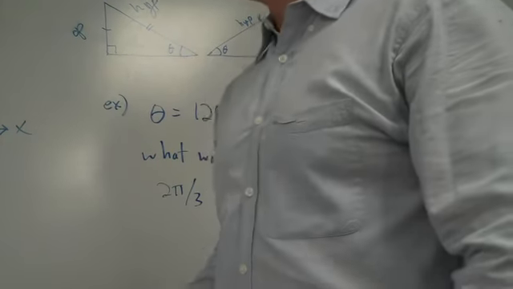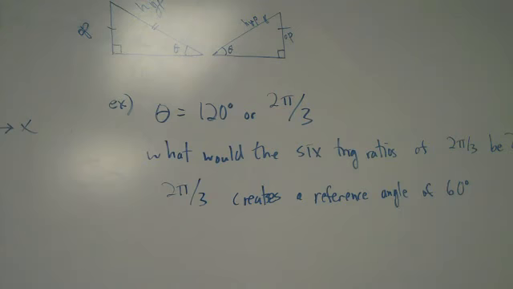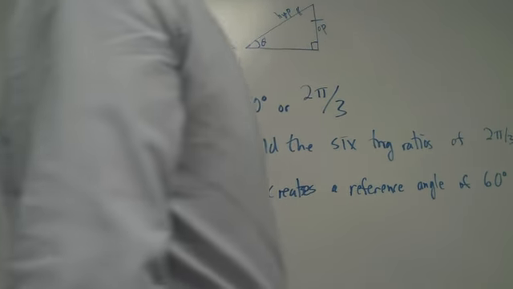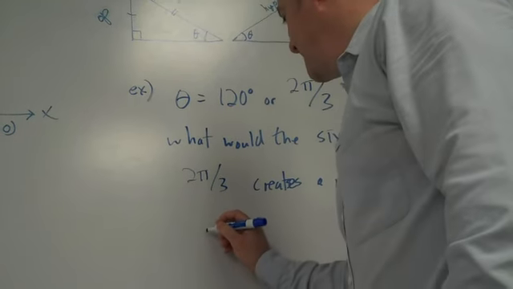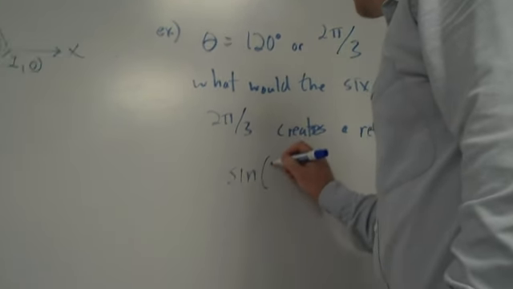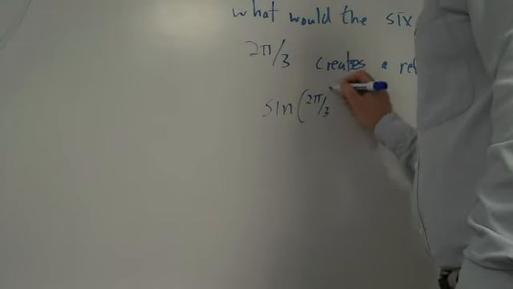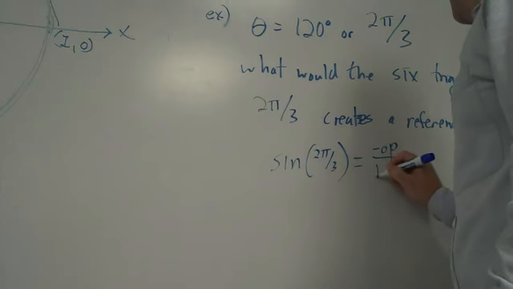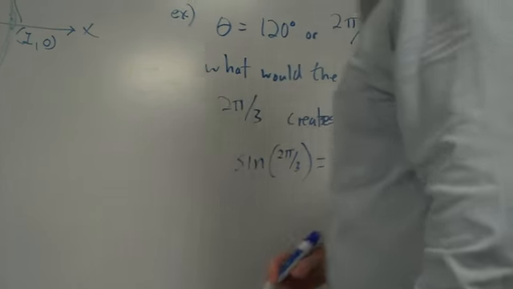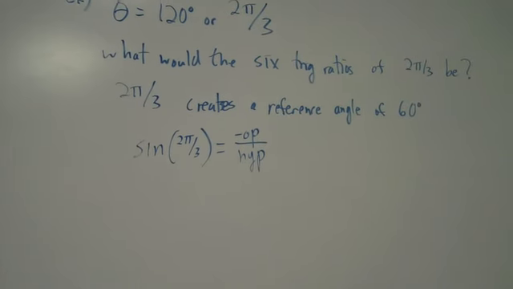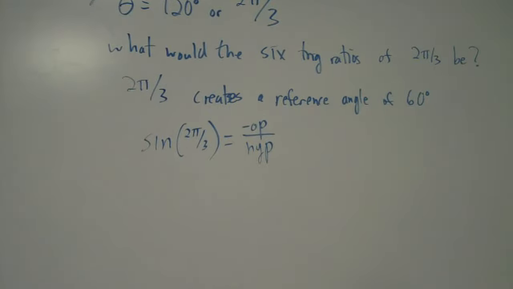But I have to keep track of sign, S-I-G-N. Sign matters now. So basically what I've got is the sine of 2 pi over 3 is going to be a negative opposite divided by a positive hypotenuse. The radius is always positive. The opposite and adjacent can now be negative or positive.